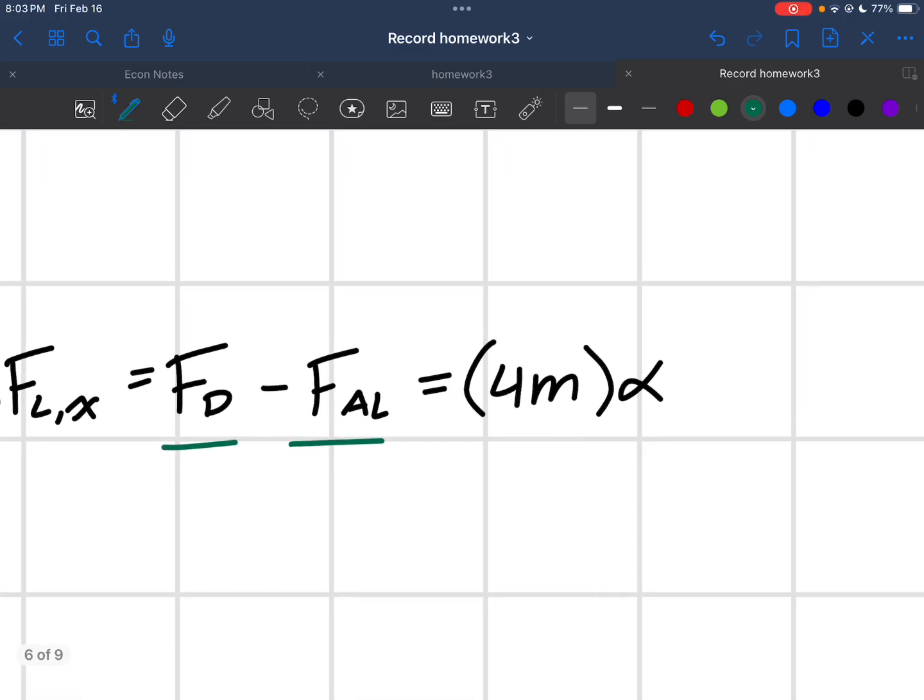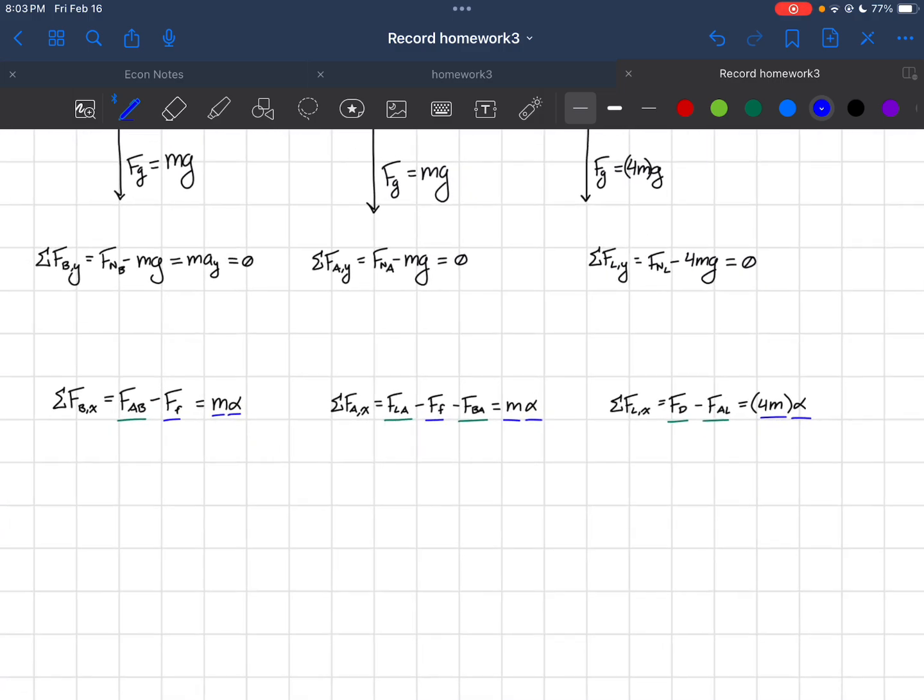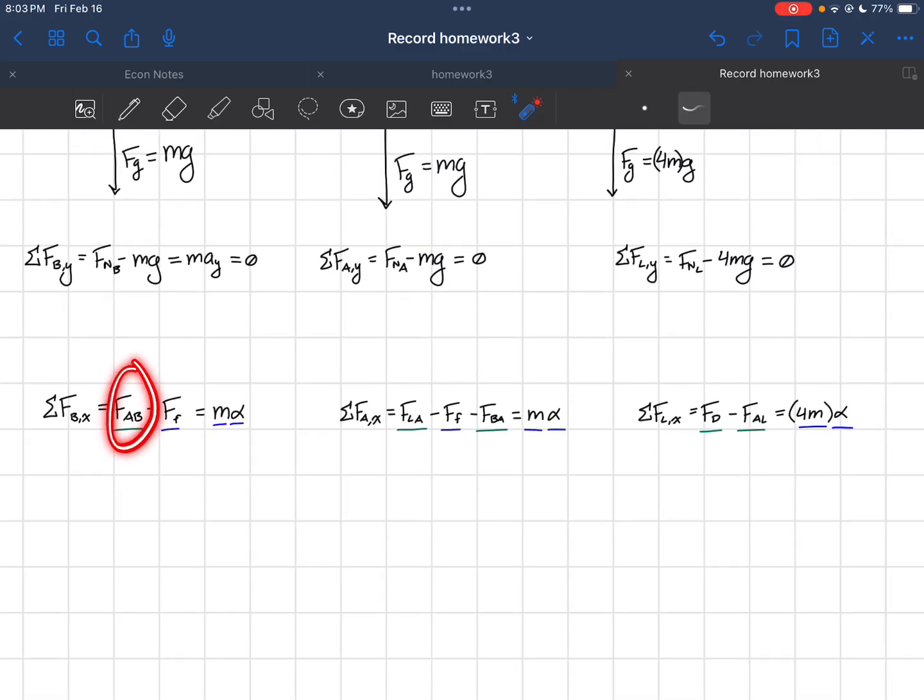Wasn't given F_AL, but I was given 4m and alpha. So counting these all up, I have 1, 2, 3, 4, 5 unknowns in my 3 equations. And unfortunately, that means I can't really solve that without more information. Right? I need at least as many equations as I have unknowns in order to solve it.